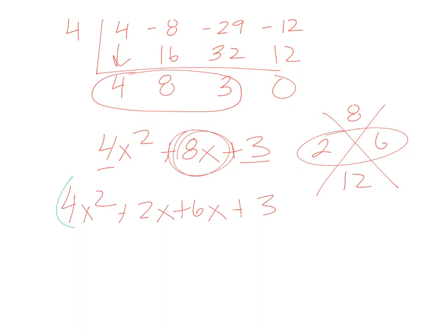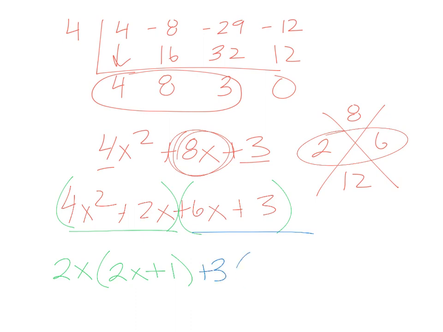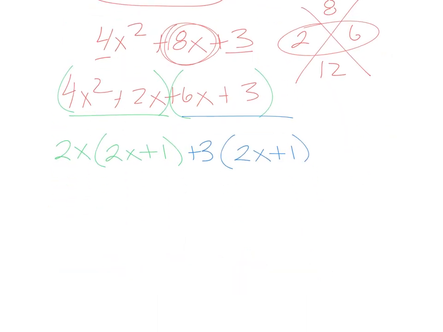All right, now I group. Out of the first group, I pull out a 2 and an x, and I'm left with 2x plus 1. Out of the second group, I'm pulling out a 3, and I'm left with 2x plus 1. All right, so I have 2x plus 1 in common. I factor that out, and I'm left with 2x plus 3.